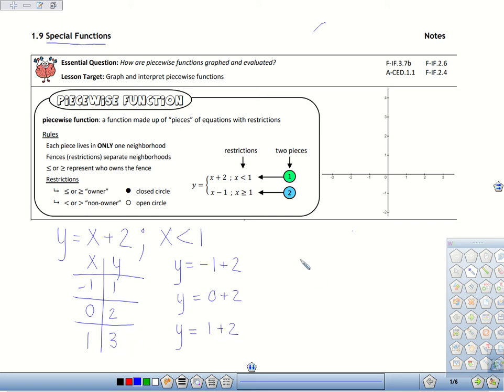So now I'm going to plot these points. So -1, 1, 0, 2, and 1, 3. But 1, 3 is going to be an open circle because I don't have an equal to here. Okay, it's going to be an open circle.